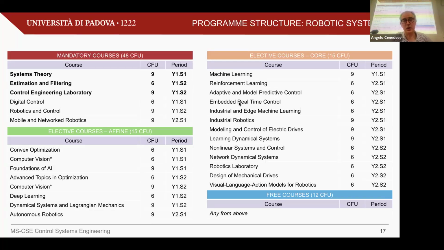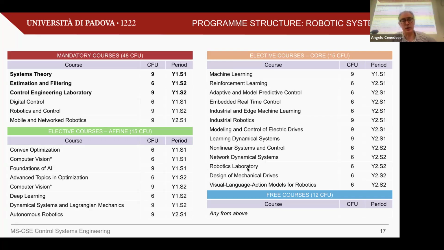Plus, we have the courses characteristic of control, so adaptive and model predictive control, modern techniques of control. We have nonlinear systems and control. For example, we have some courses specific for the industrial path, so industrial robotics.